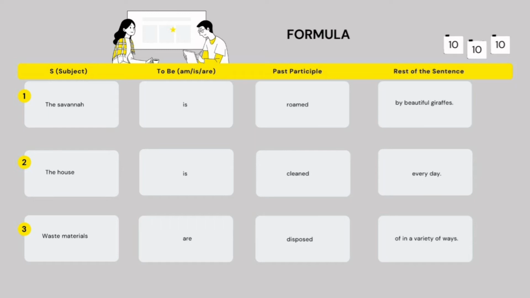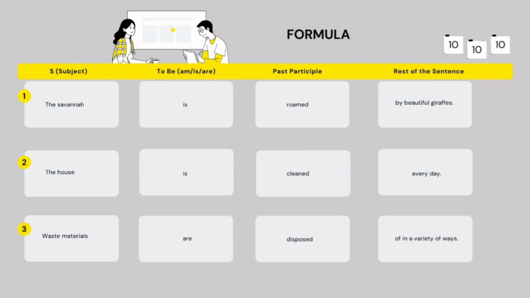So we need to be very careful in this part because we remember that there are two kinds of verb which are regular and irregular verb. Yep, you might want to read again the table that we once made, yeah? And then the last is the rest of the sentence.